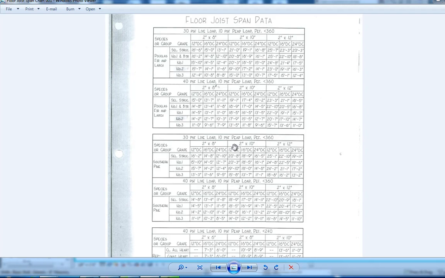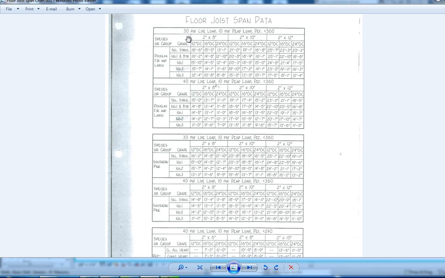You might not have as much weight and force in your bedroom as you might in your living room or your den, your living quarters where there's a lot of people congregated together and moving around. So you might have different loads in different rooms. That's something to take into consideration.